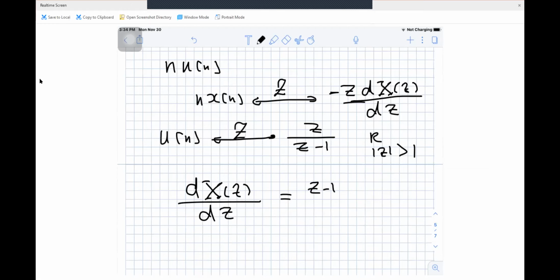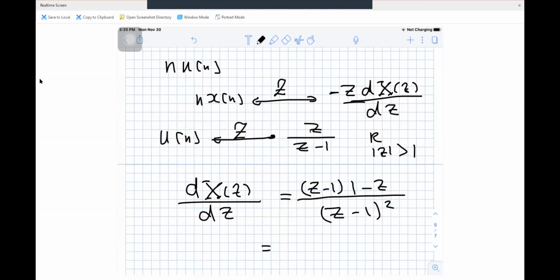Z minus 1 multiplied by the differentiation of z will be 1, minus z multiplied by 1, divided by z minus 1 all squared. Okay? Denominator multiplied by the derivative of the numerator, minus numerator multiplied by the derivative of the denominator, over denominator squared.